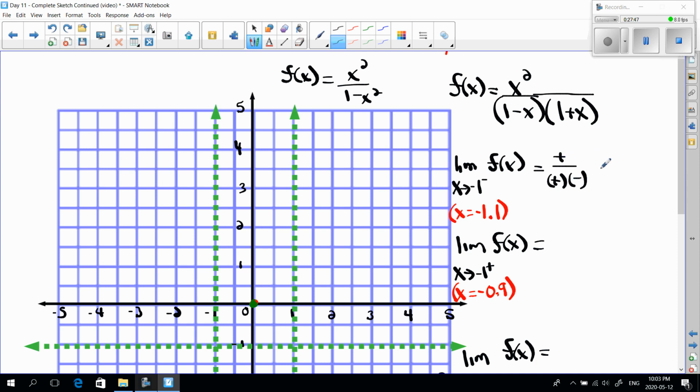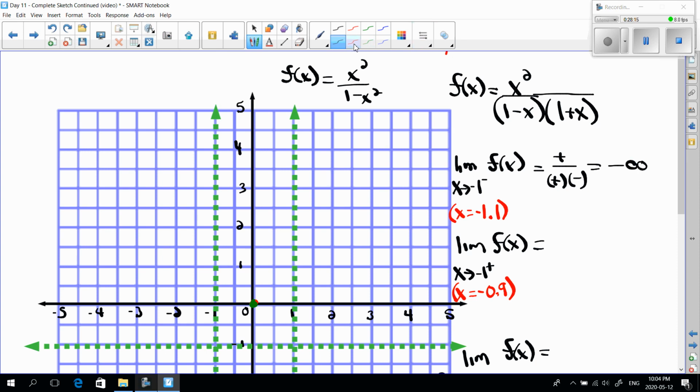That means my y values, a positive divided by a negative, would get smaller, and they would actually approach -infinity. Okay, if I chose something even closer to -1, like -1.001 or -1.00001, this value would get infinitely small. It means my y values are getting really, really small.